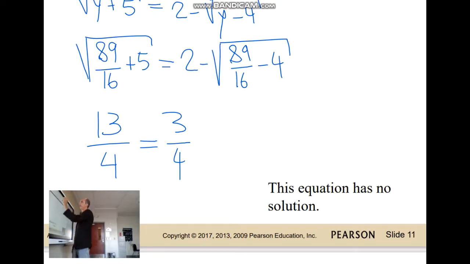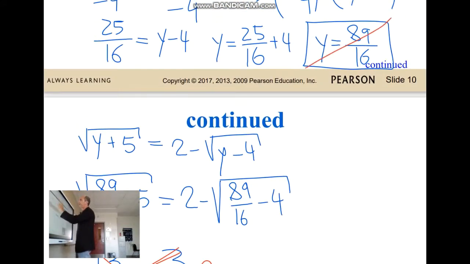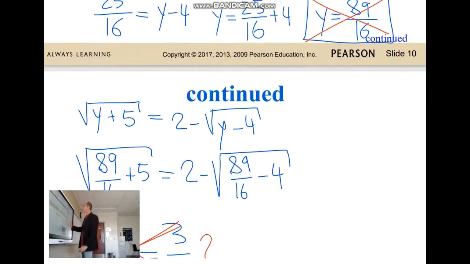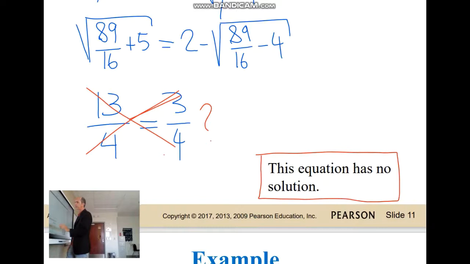What can you tell about it? Is this true? Is this false? This is false, right? That means this possible solution that we have found is not a good solution. And the conclusion is going to be that this equation has no solution at all.